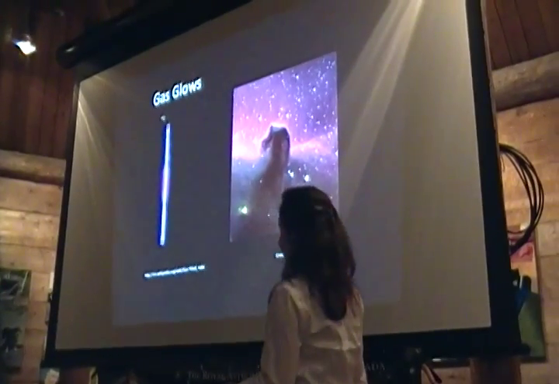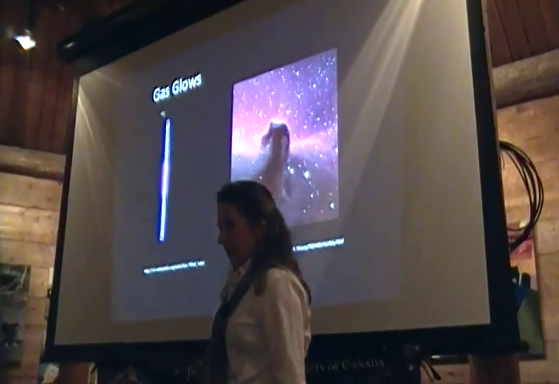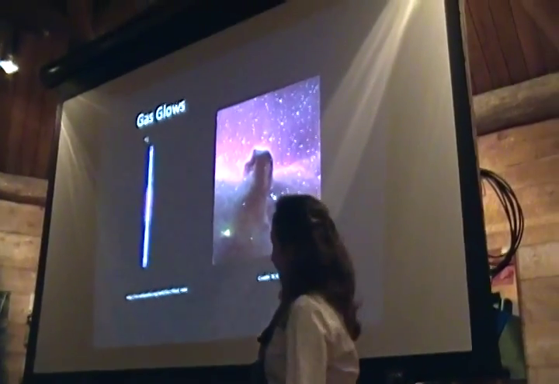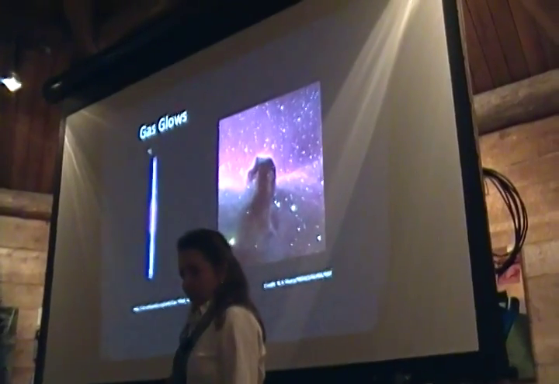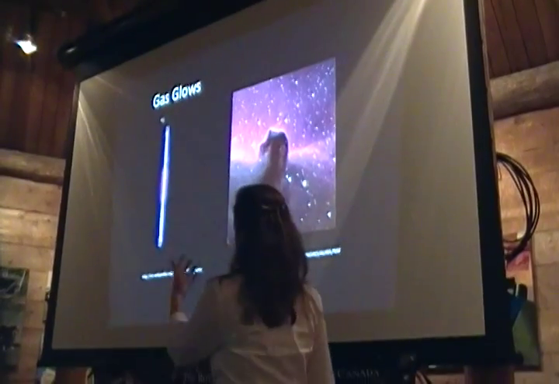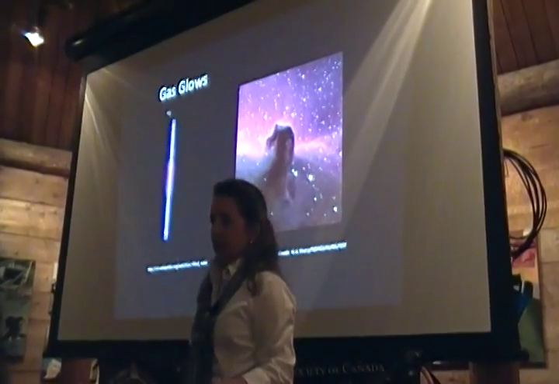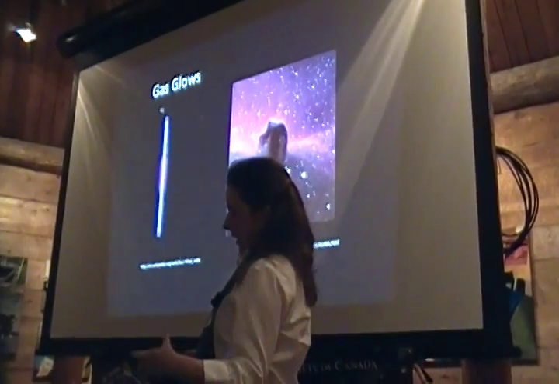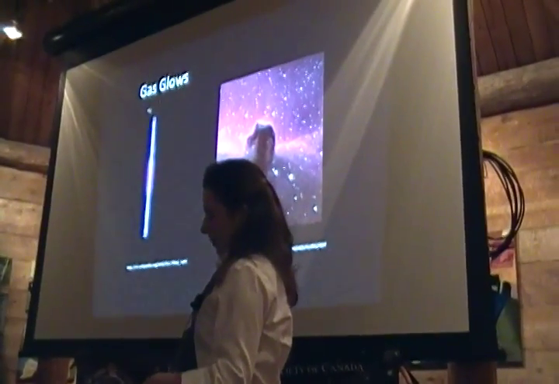You may know that this is the Horsehead Nebula. I have no idea how it gets that name. No, that's a joke. Actually, it kind of looks like a horse. Yeah, so stay with me here, people. Okay, but the pink is that same glow. It's the exact same glow from a tube of hydrogen. There's hot stars nearby that are pumping energy into that hydrogen gas and making it glow that pink.